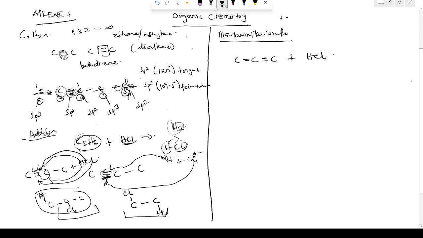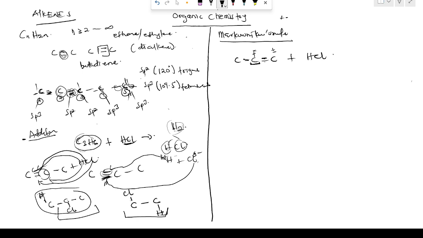So how do you know that this carbon will take the positive, or this one will take the negative? The other rule is that the more stable carbon atom will have the partial positive, and the least stable becomes the partial negative. The more stable cation becomes the carbocation, and the least stable becomes the carbanion.